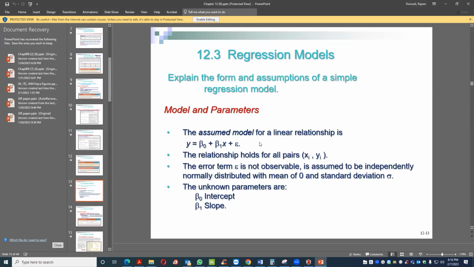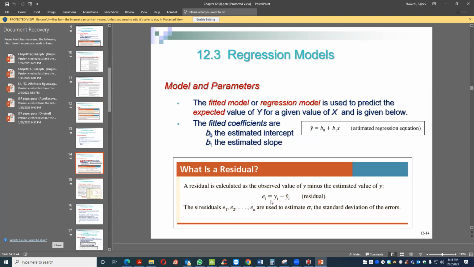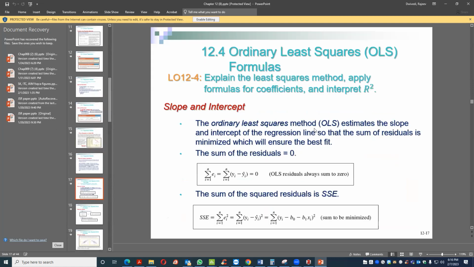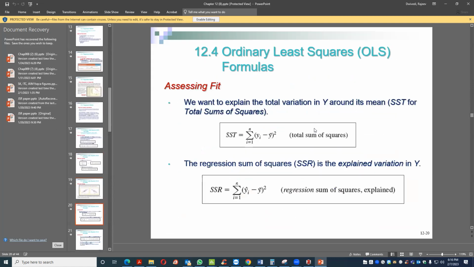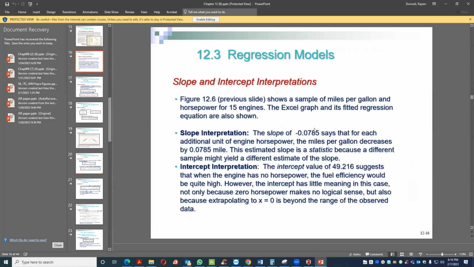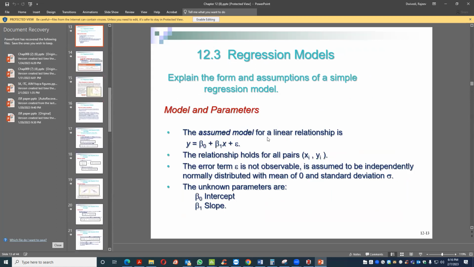The null hypothesis: beta 0 is the intercept, beta 1 is the slope. The null hypothesis says the intercept and slope are 0, and the alternative says not 0.